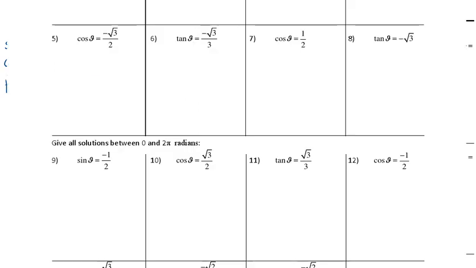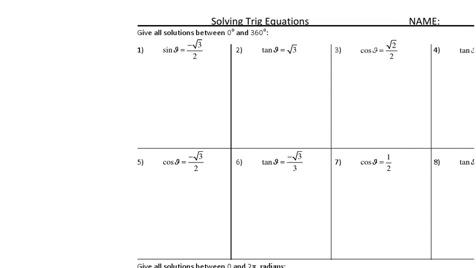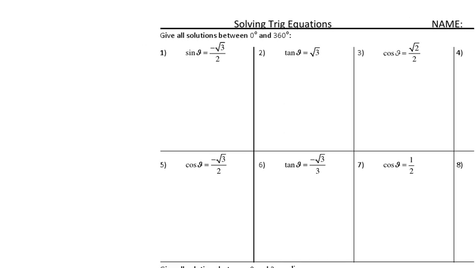All right. Do you guys have those charts handy? That would make life a lot easier. Yeah, I have it. Okay, beautiful. All right. So I want to solve a trig equation. Theta represents an angle, and I want to give all possible solutions between 0 and 360 degrees.